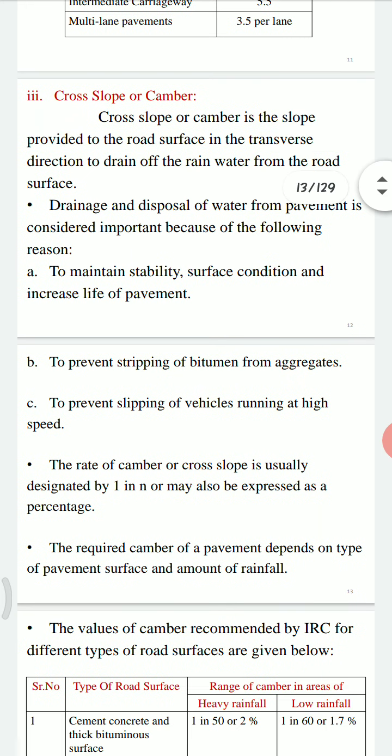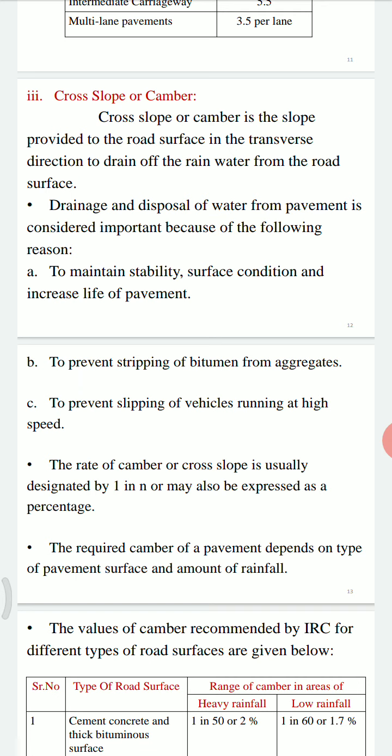So see, the reasons to provide a camber is to maintain stable surface condition and increase the life of the pavement. Why? Because if the camber is not provided, the rainwater does not drop from the pavement.